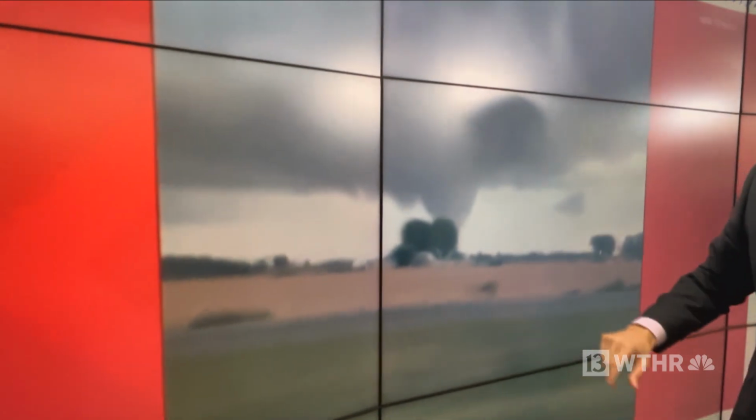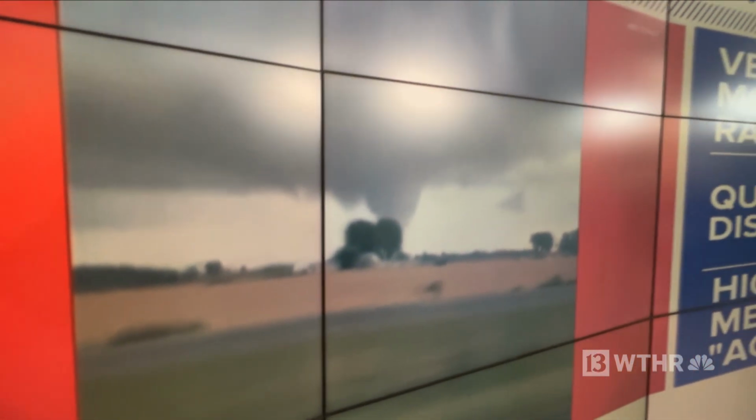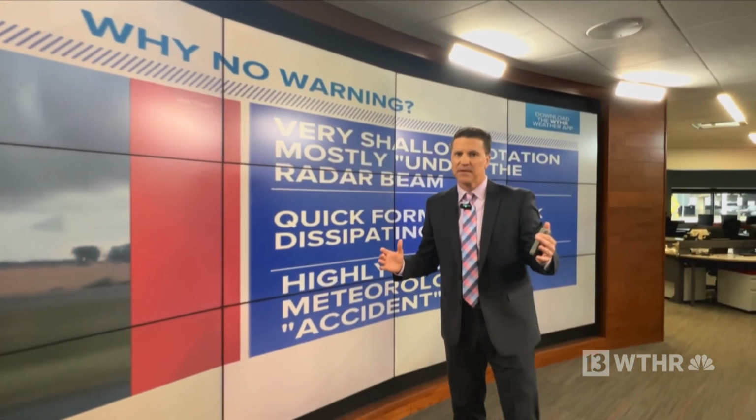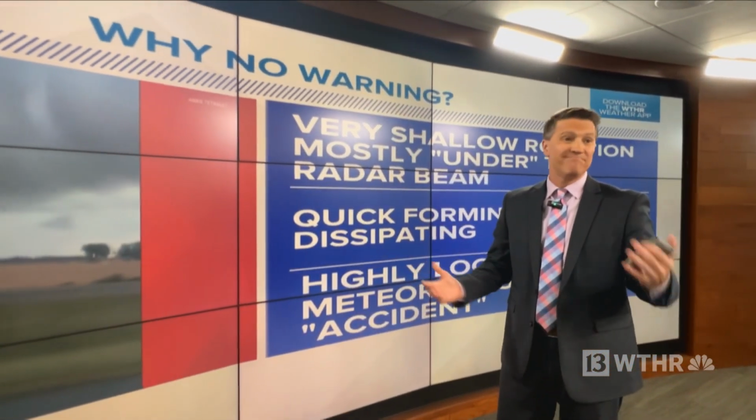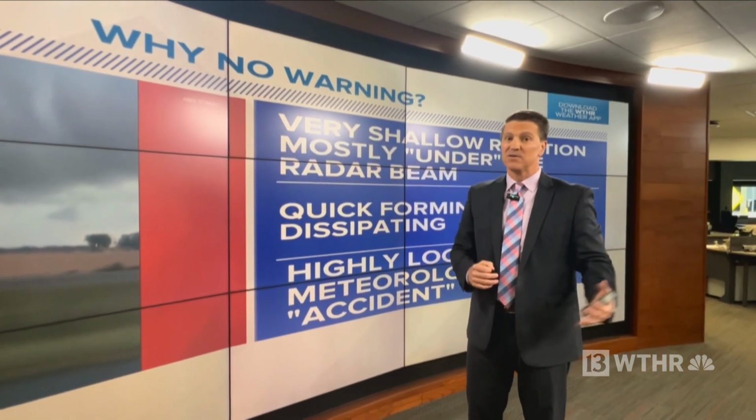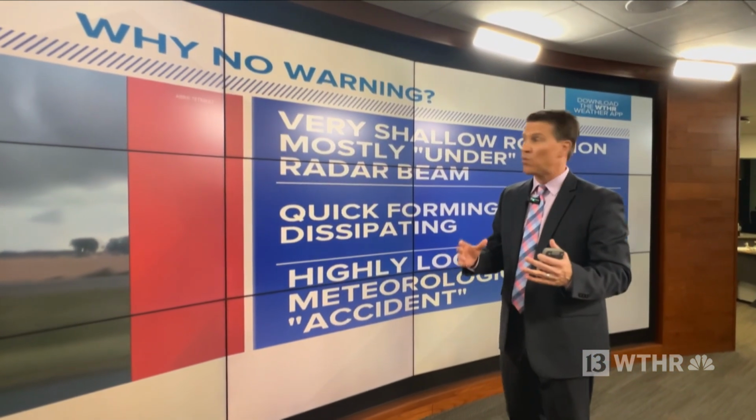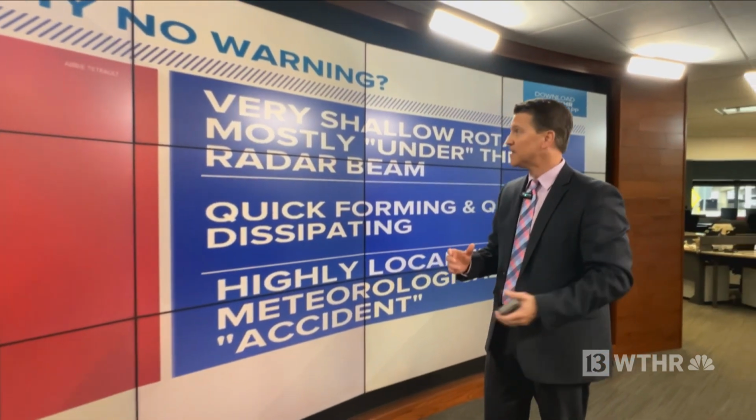Another big question that we've been asked is, why no warning? A very fair question. This does not happen often, but maybe a day out of the year, maybe a couple of days out of the year, we will have these very rare situations like this.